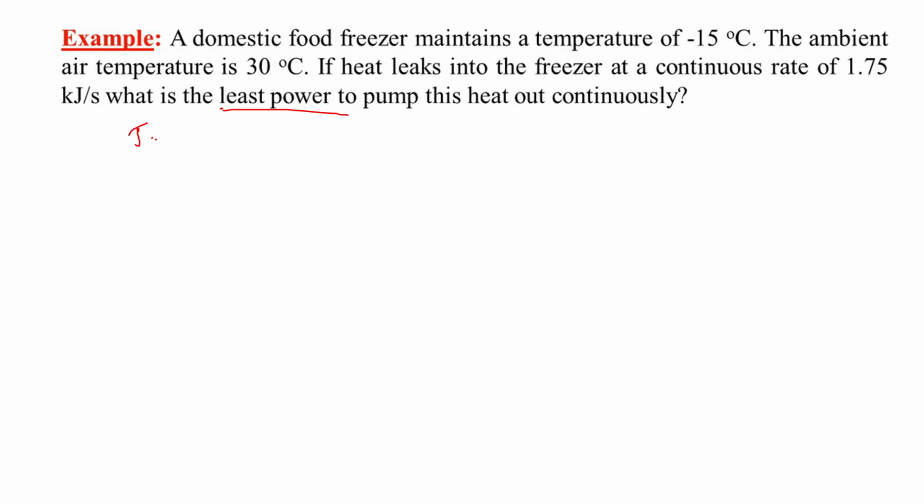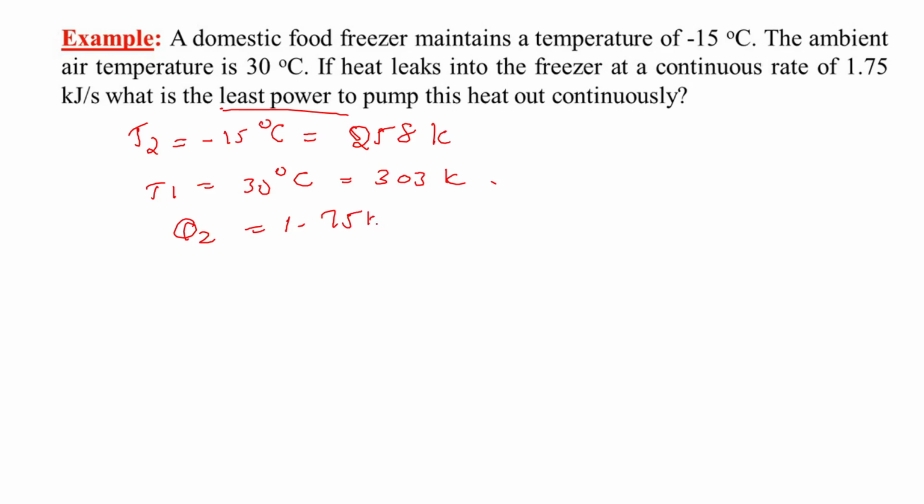Now for that, T2 is given as minus 15 degrees Celsius, so it will be 258 Kelvin. Similarly T1 will be 30 degrees Celsius, so it will be 303 Kelvin. Okay, now Q2 value will be 1.75 kilojoule per second.